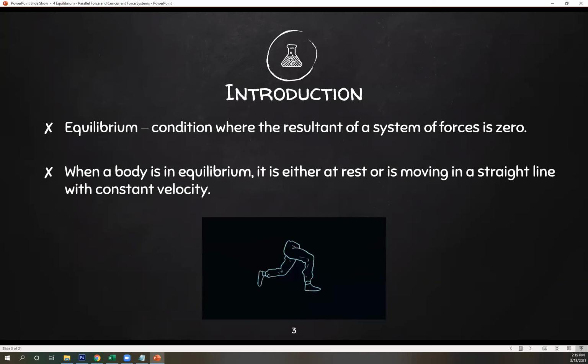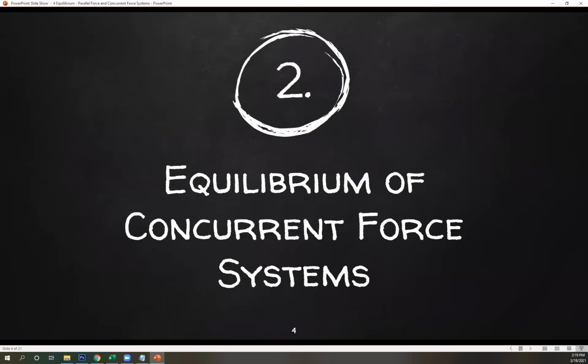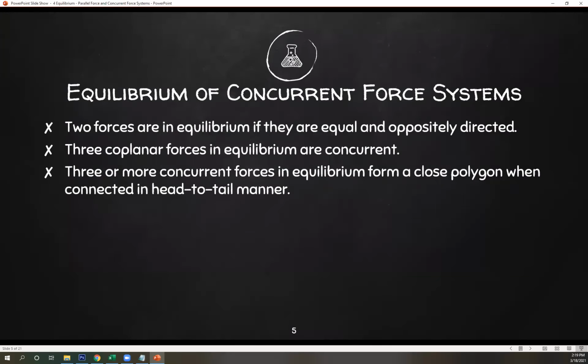So it should only be at rest or moving in a straight line with constant velocity or constant speed in this case. Okay? So that's your equilibrium. So in short, the equations for equilibrium now are just the same for the resultant, but we're going to equate it to zero.